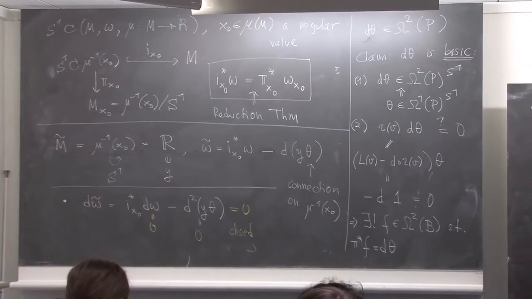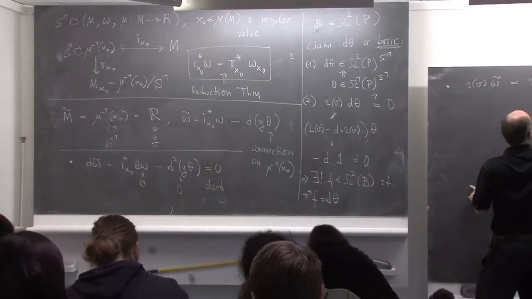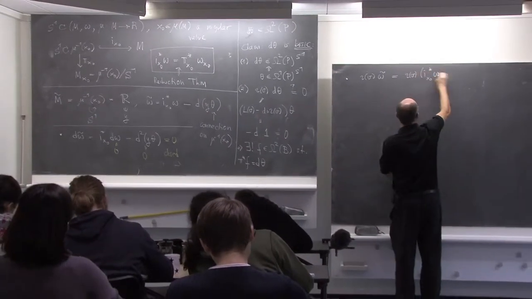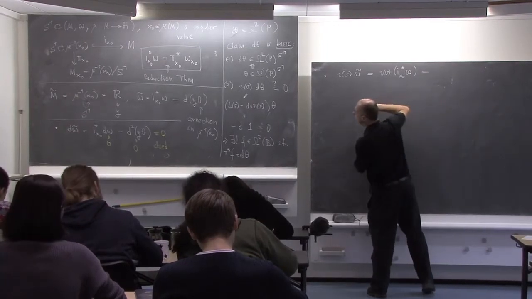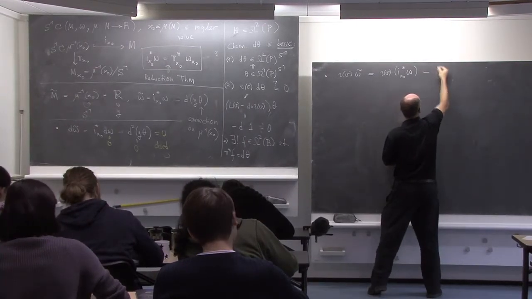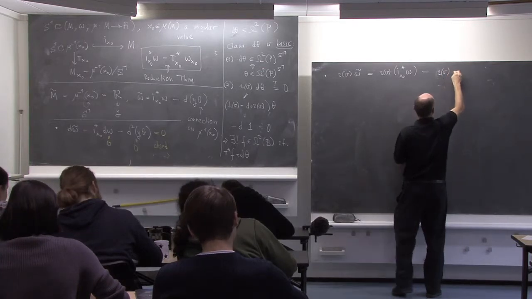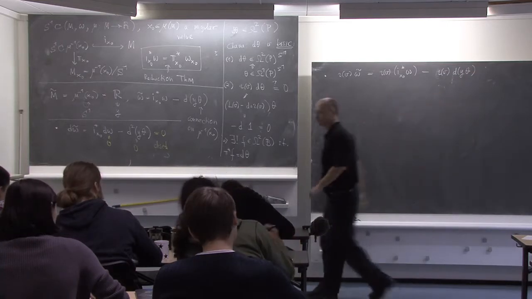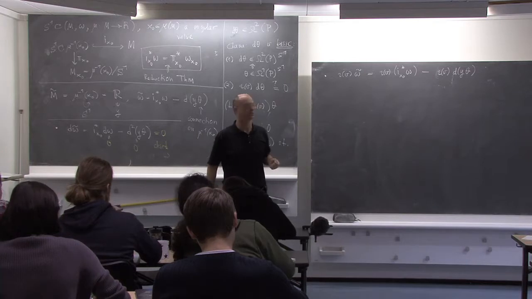It consists of 2 parts: iota v i x naught star omega minus iota v d y theta. Let's discuss each of these terms separately.